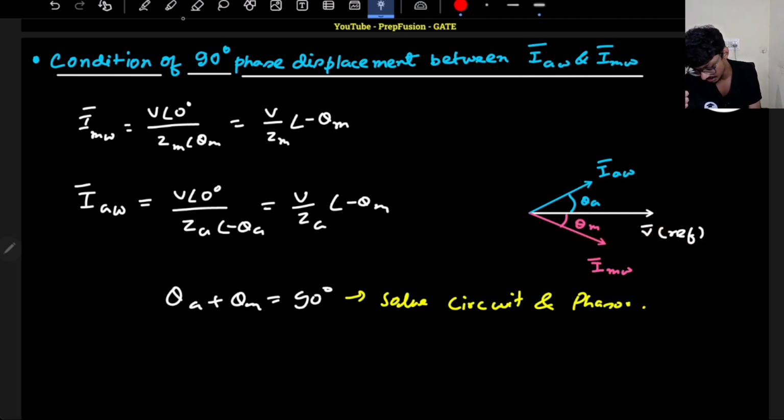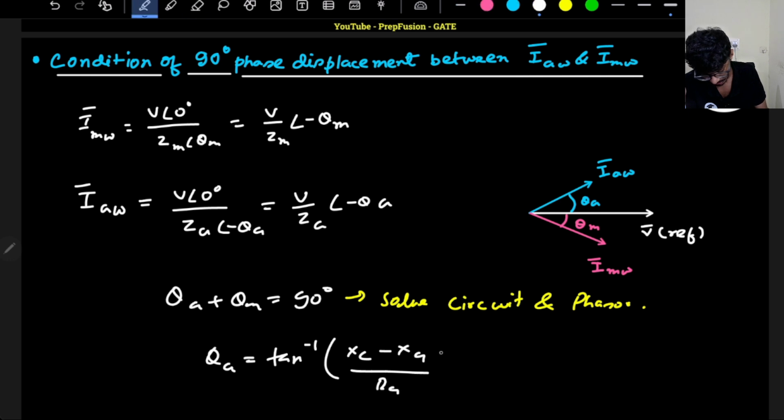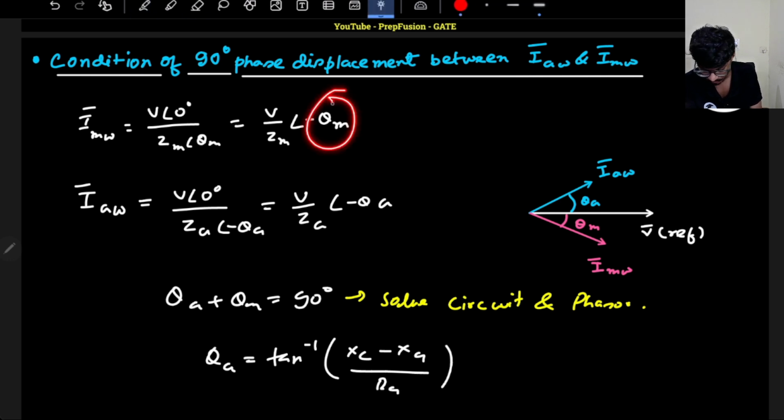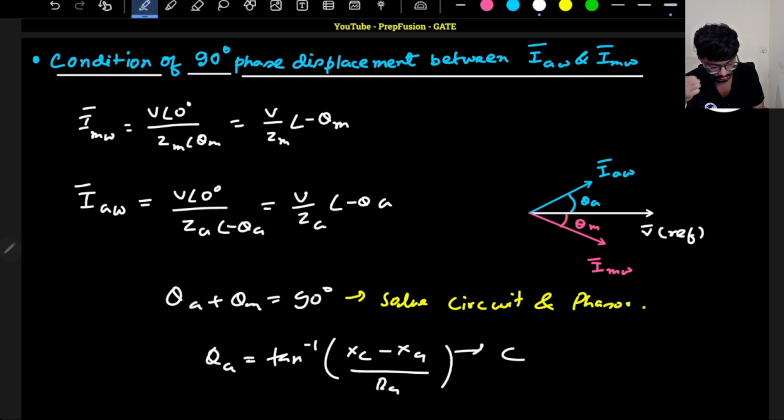Theta a, generally for a capacitor start run motor, is tan inverse of (Xc minus Xa) divided by Ra. They will know theta m and theta a, from this they will find the condition, and from this they will find Xc, and after finding Xc they will find the value of C.